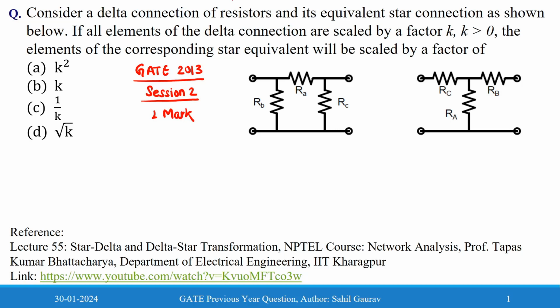From the question we can say that this problem is related to the network and electrical circuit subject. In this figure we are given a delta connection, and the other figure is given as a star connection.